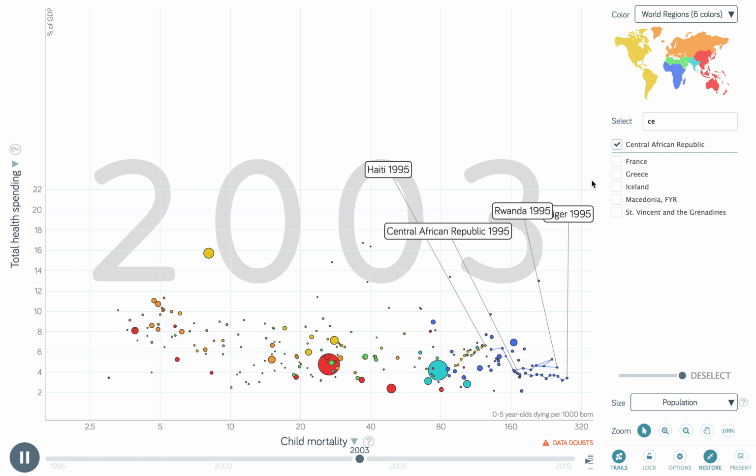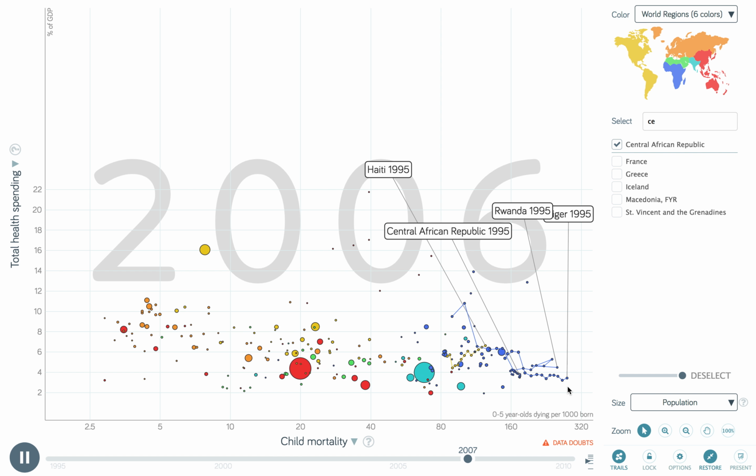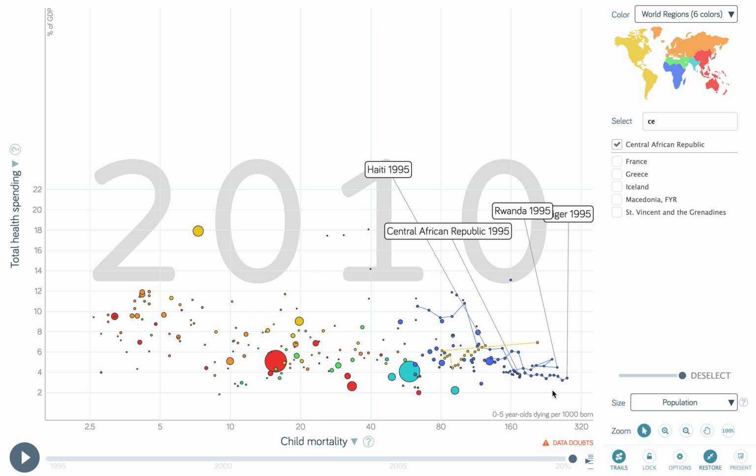Right away, you can start to identify a small but positive pattern. Every country starts to move to the left with respect to time. This means that we can conclude that of these few impoverished nations, at some point between 1995 and 2010, the child mortality rate has decreased.